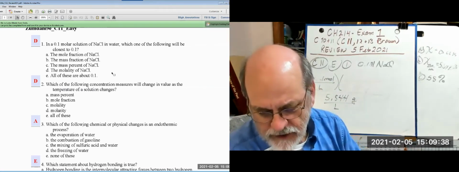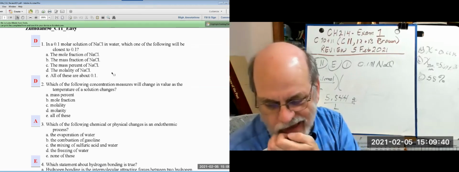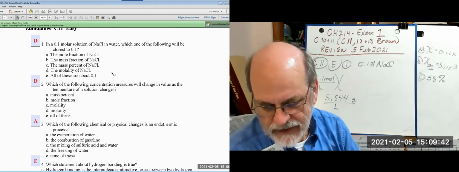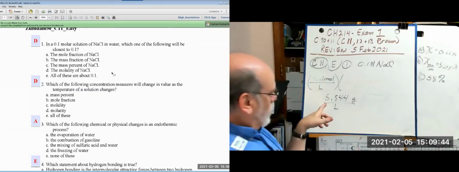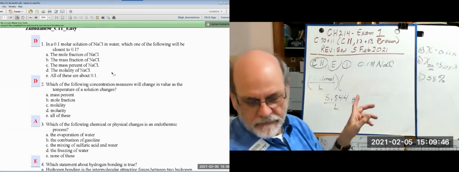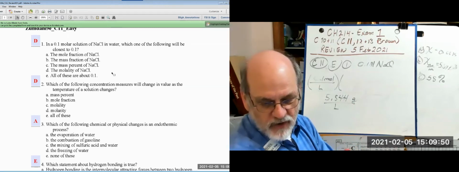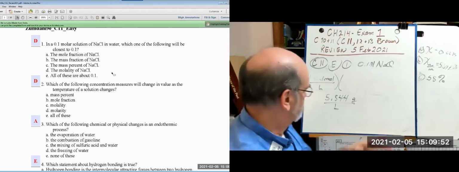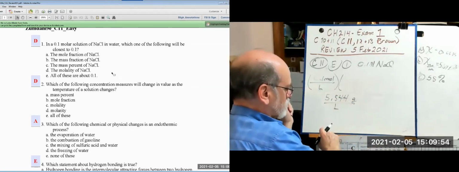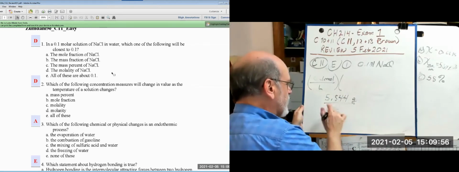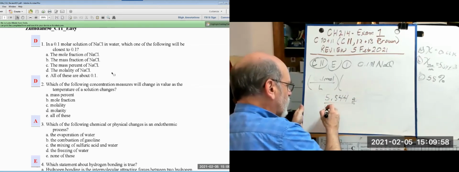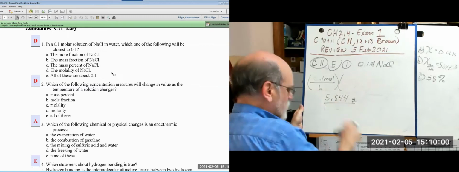Well, we sort of have to assume that 1 liter of solution would be 1 kilogram, but we have to subtract out the kilograms of this one.